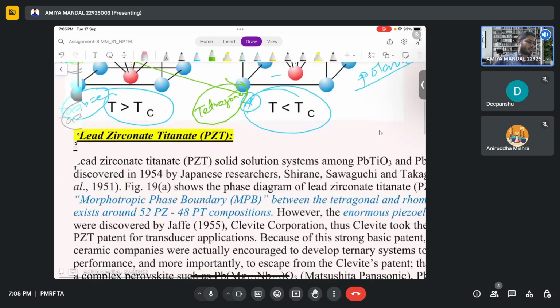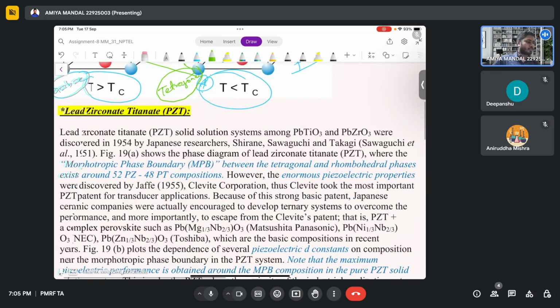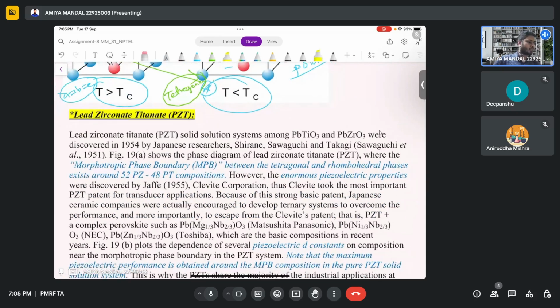So what is lead zirconium titanate? Lead zirconium titanate is nothing but a solid solution of lead titanate and lead zirconate.